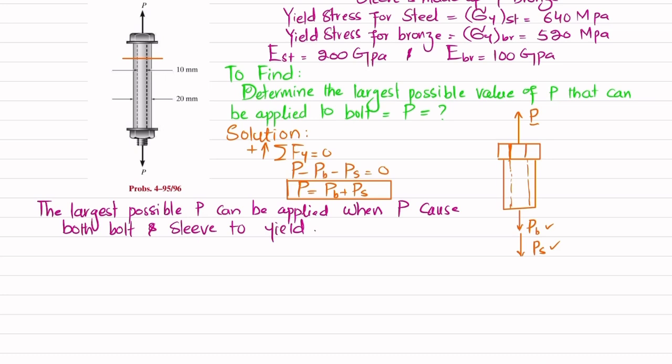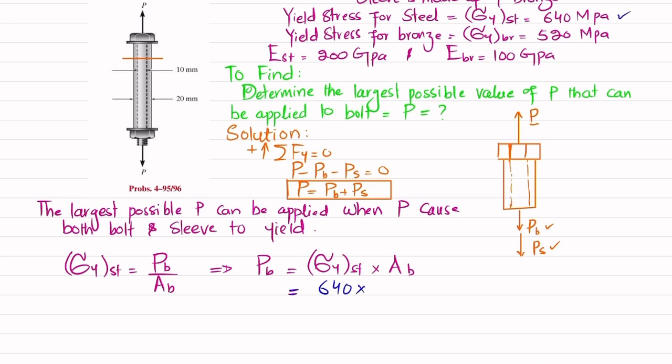So how we'll find this PB? We know that yield stress for the steel is equal to load taken by the bolt divided by area of bolt. Clear? So from here, this PB will be equal to yield stress for the steel multiplied by area of bolt. You can see 640 megapascal is the yield stress for steel. So 640 multiplied by 10 to the power 6 in pascal, multiplied by area of bolt.